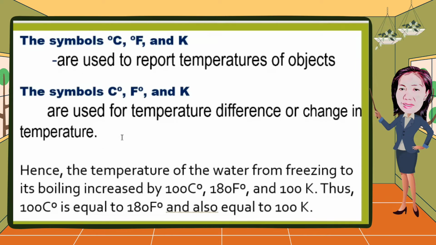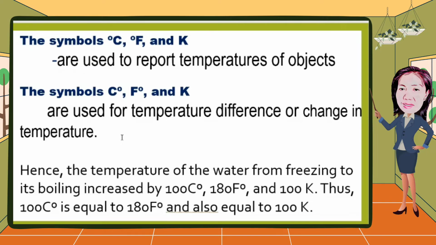Okay, when are we going to use degrees Celsius, degrees Fahrenheit? You're going to use this symbol if you're going to report the temperature of an object. So for example, 100 degrees Celsius. But if you're going to use the symbol Celsius degrees or Fahrenheit degrees, you will use this one for the temperature difference or the change in the temperature.